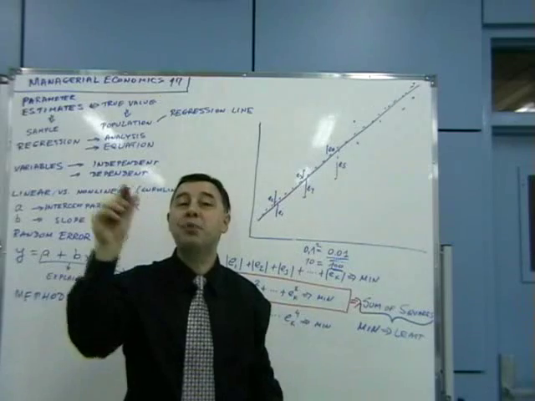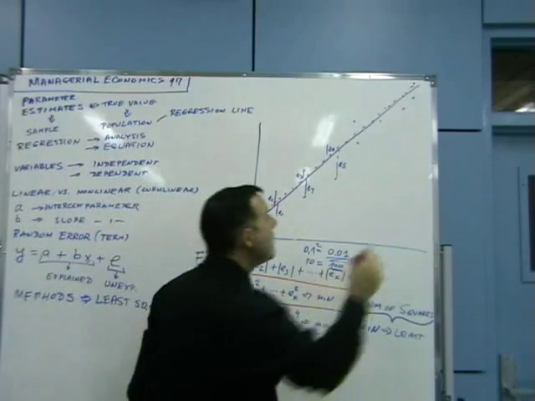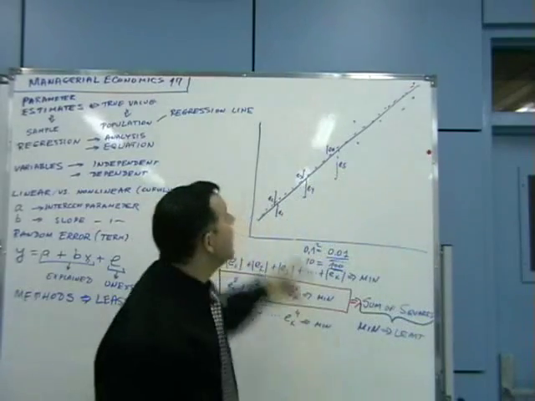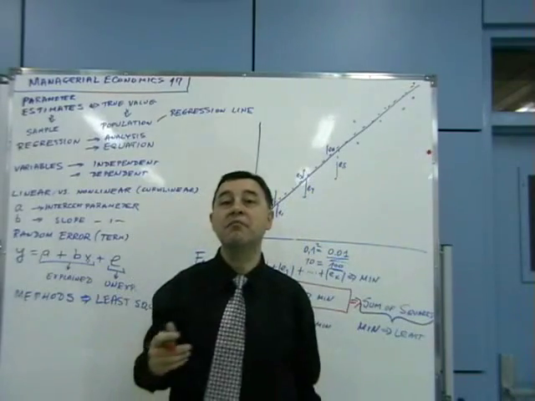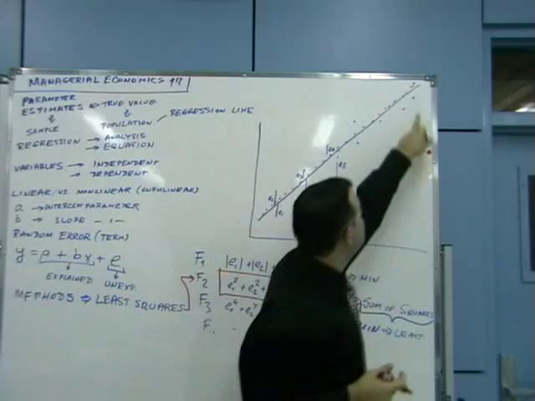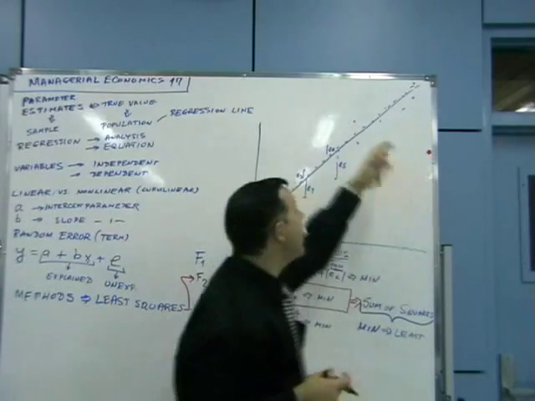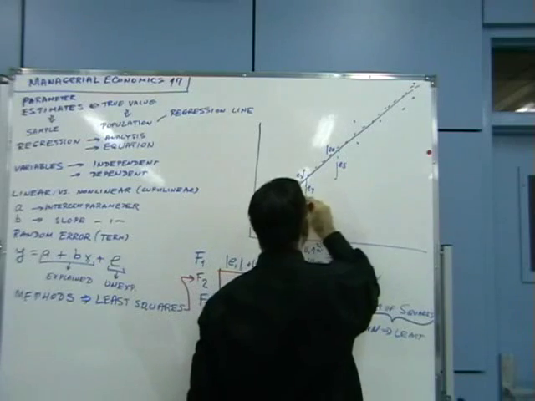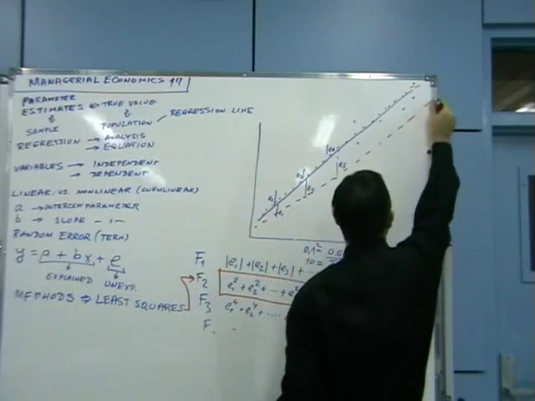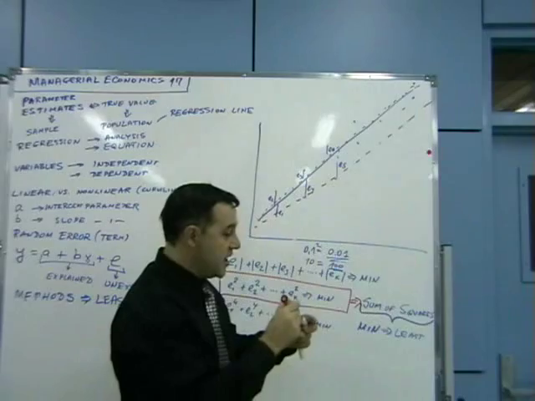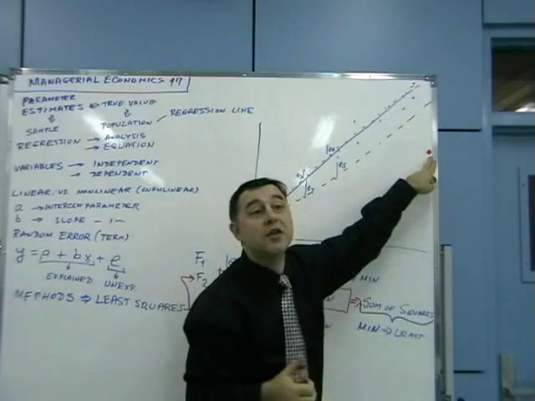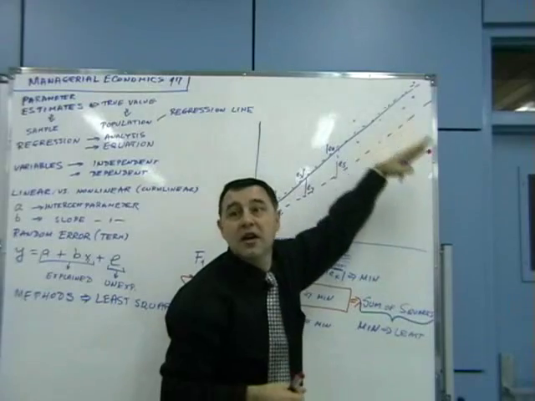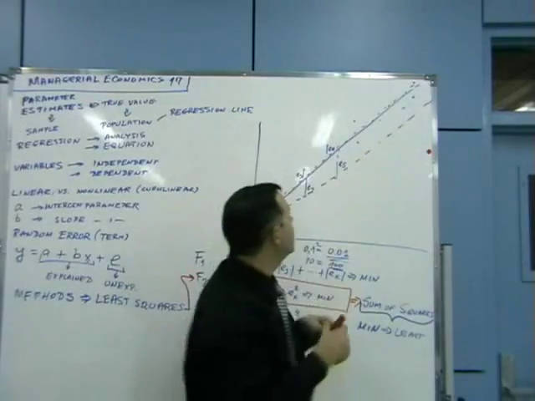Now, if instead I put only one point far out, this point here, and recompute, guess what? This huge penalty will redraw the line, and the new regression line will be like this. Once you put in one large deviation, it starts to attract the regression line.